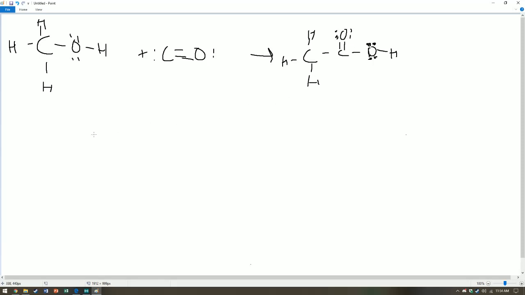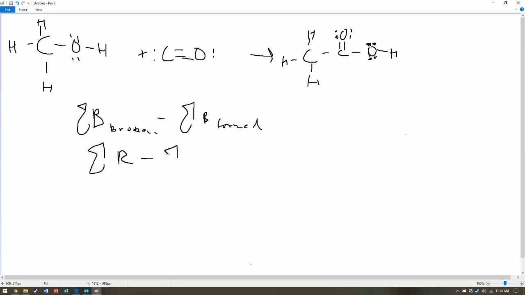Now the official way you would do it is the sum of all bonds broken minus the sum of all bonds formed. And this would actually net out to be the sum of R minus the sum of P, reactants and products.